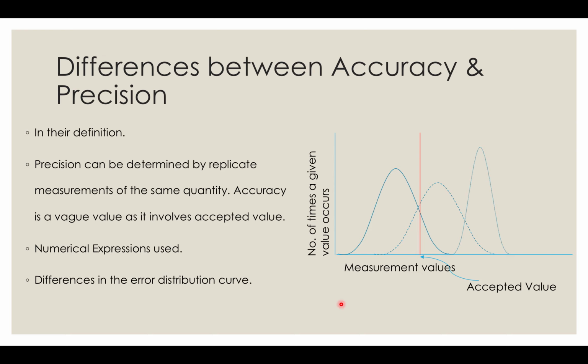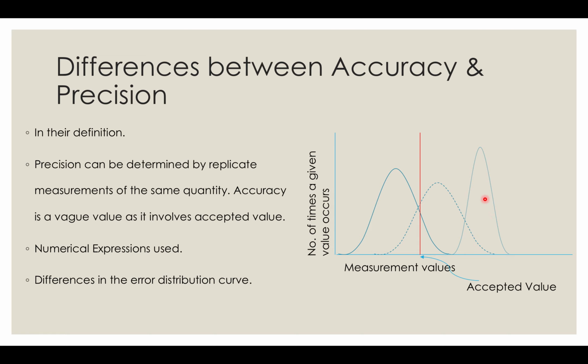When you look at the error distribution curve, you can also talk about it as being more accurate or more precise. Among these three graphs, the middle one can be called more accurate, and the more precise measurement is this one, because it has a larger height and therefore a lesser spread in the distribution curve.